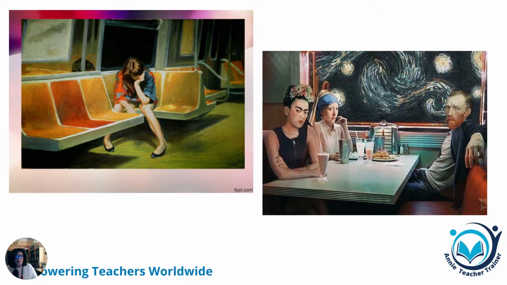And this is one of my favorites. It's an image that I found on the internet a few years ago, and it's Vincent van Gogh, the Girl with the Pearl Earring, and Frida Kahlo sitting in a bar, or perhaps in the dining car of a train. The thing is that you can give them photographs, perhaps of people or works of art, from newspapers, from the web.